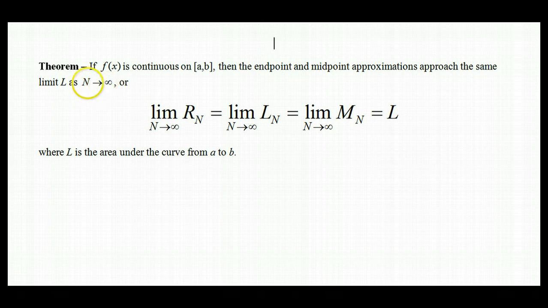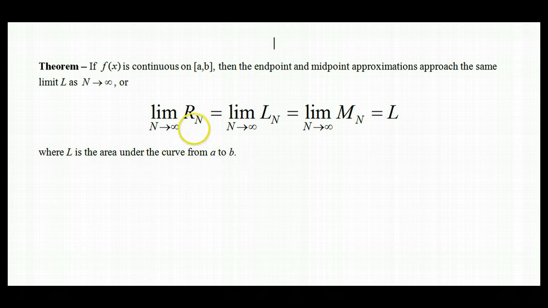So if we increase the number of rectangles, and that number goes off to infinity, then the limit as n approaches infinity of the right endpoint approximation is the same as the limit as n approaches infinity of the left endpoint approximation, and that's the same as the limit as n approaches infinity of the midpoint approximation. They all go towards the same limit, and that limit is L. So L is exactly the area under the curve from a to b.